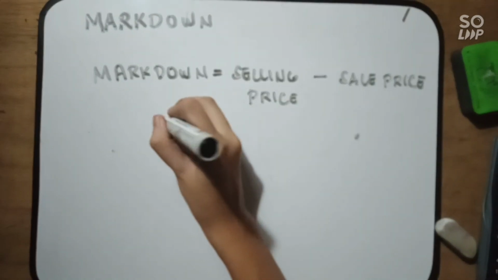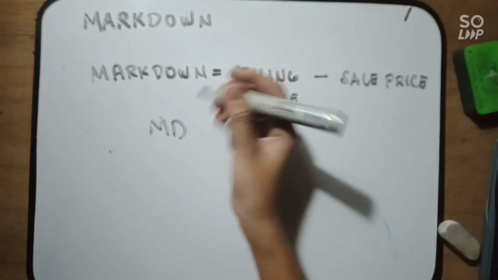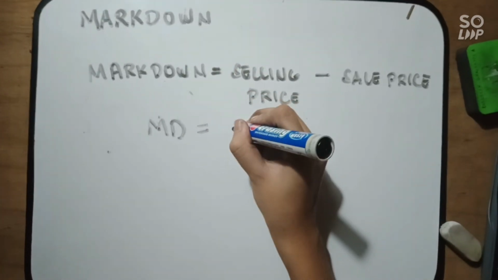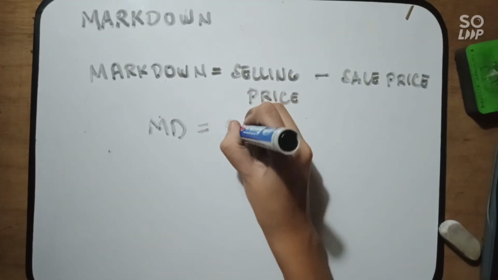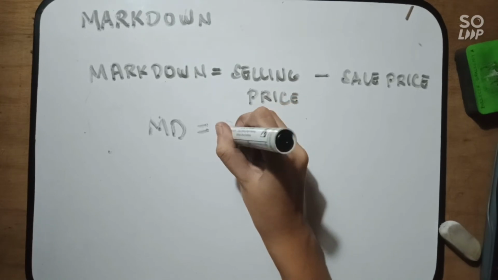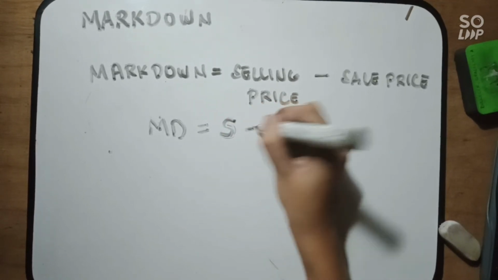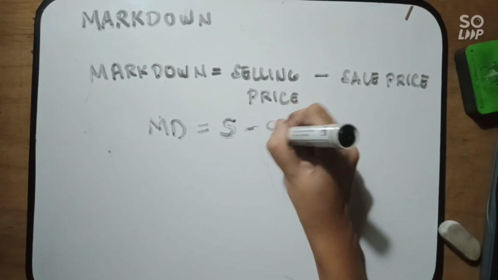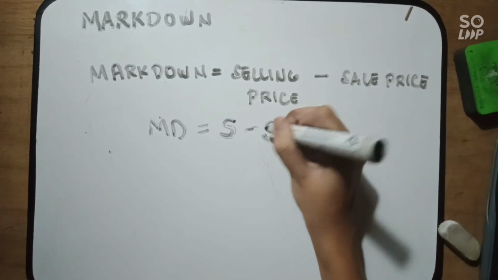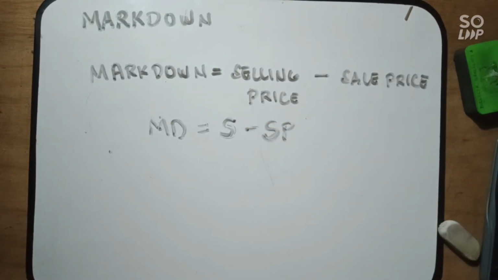Or MD equals S, which is the selling price, minus SP, or the sale price.